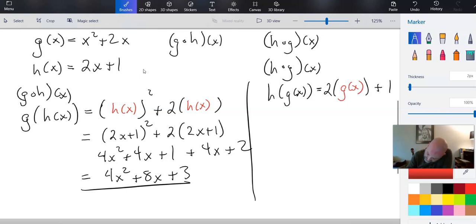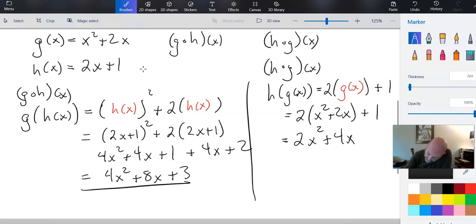So that means that our expression is now 2 times the algebraic expression for g, which is x squared plus 2x plus 1. So if I go ahead and distribute here, that gives me 2x squared plus 4x plus 1. Right? And so that's h composed with g.